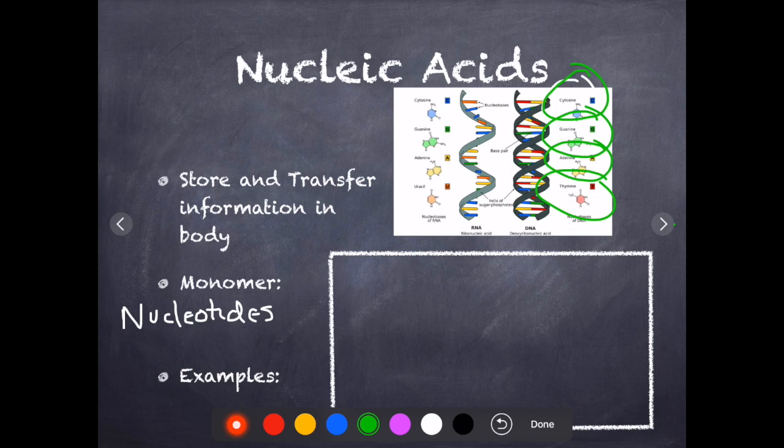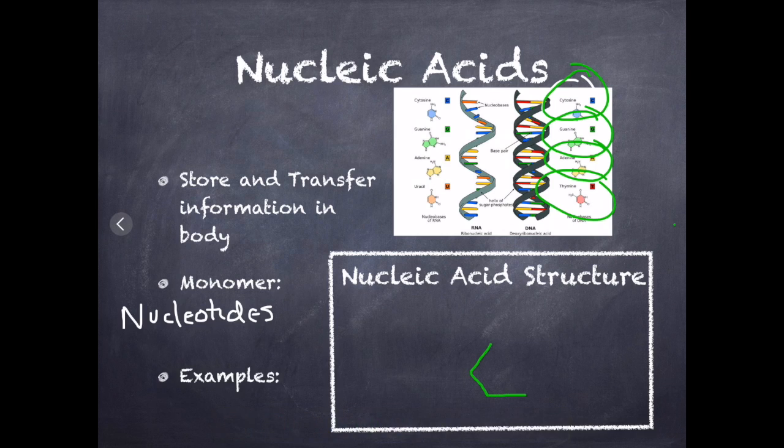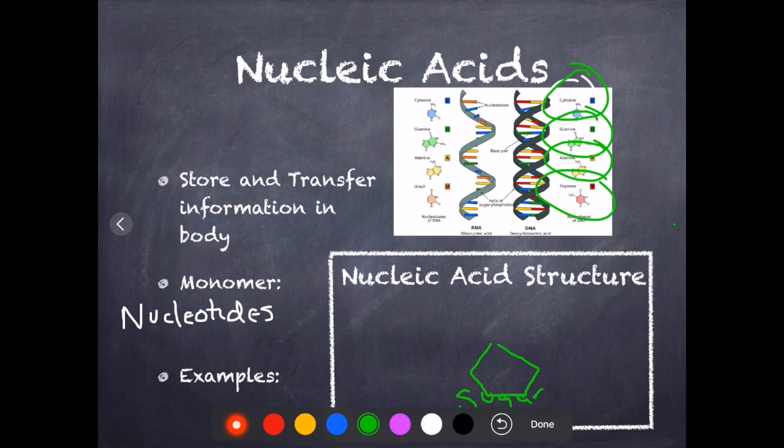Now, if we want to draw this, right, each nucleotide is composed of 3 parts. And the first one is we have a sugar molecule. Okay, and that sugar molecule is a carbon ring, just like all sugars.